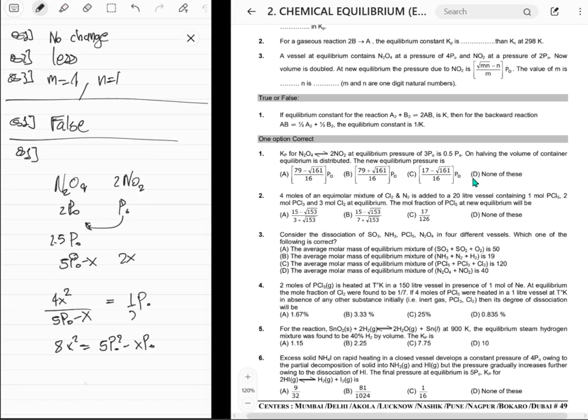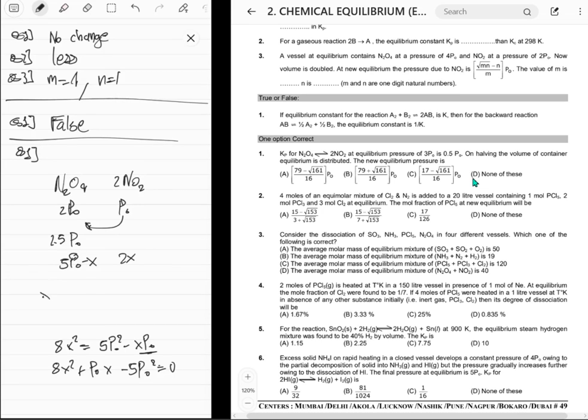So wait, minus p would be this thing. The new equilibrium pressure, not just the pressure for NO2. So what we were doing was correct. It's the same thing. It's just 8x squared plus p naught x minus 5 p naught squared equal to 0. So we were doing it correctly, just that not x, we want more than that.